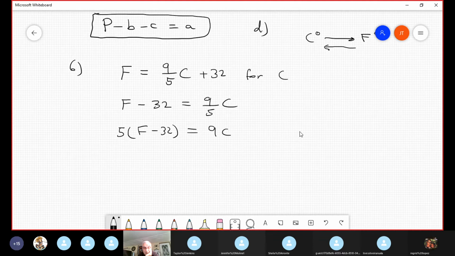I move this 5 multiplication here, but multiplication of the whole thing, and to indicate the whole thing, you put the parenthesis. Because if you put the 5 here, it's wrong. Okay? Now, finally, divided by 9. Entonces, 5 paréntesis F minus 32 divided by 9 equals C.